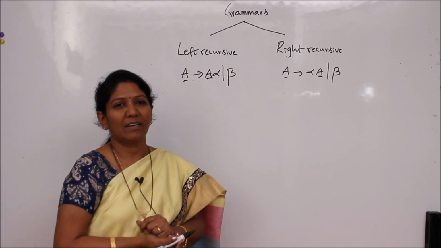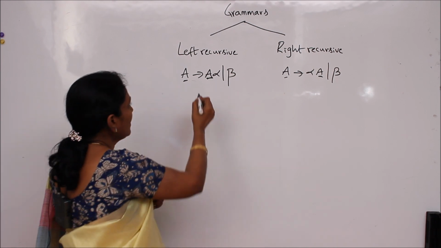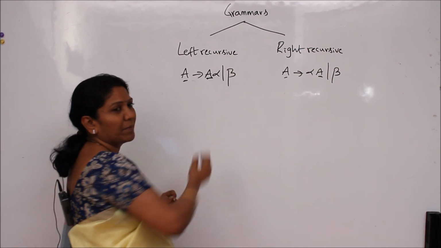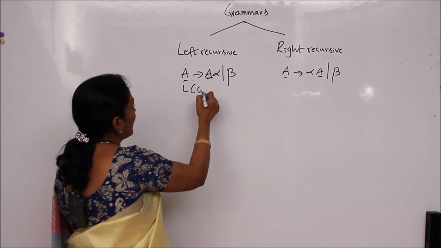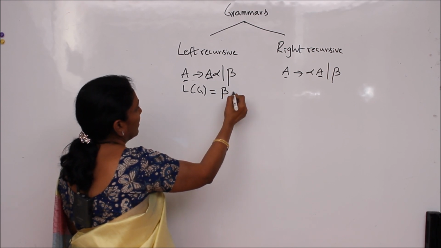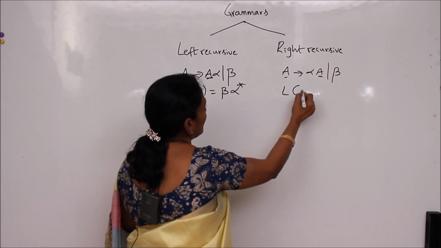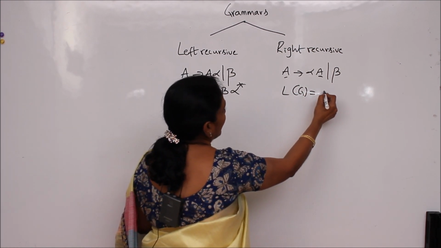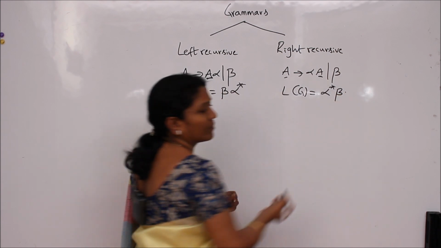Let us try to understand what are the problems with such grammars. Consider alpha beta to be some terminal symbols. The language defined by this grammar can be something like beta alpha star, whereas the language defined by this grammar can be alpha star beta.